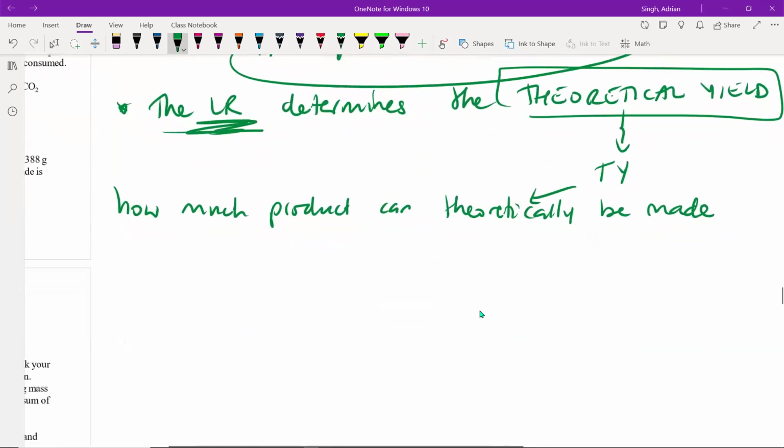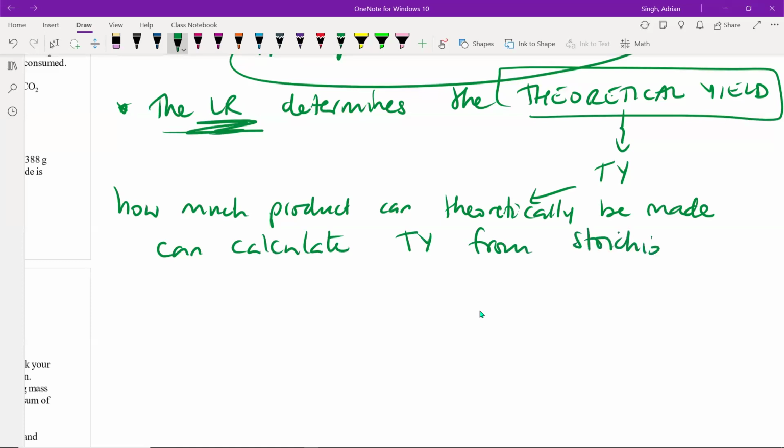Now, in some cases, we can actually calculate the theoretical yield from stoichiometry. We can also perform the reaction. We can actually do this in the lab, and we can measure the amount of product that we get. And when we perform the reaction and we measure the amount of product that we obtain, that amount is called the experimental yield.